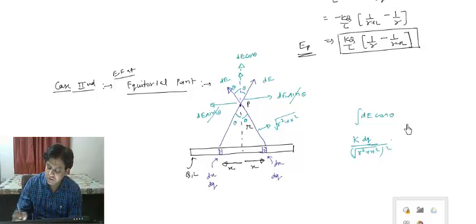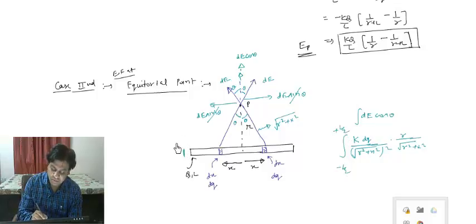In this triangle, cos theta will be the base, which is r, upon the hypotenuse, which is under root of r square plus x square, and the limit will go from minus L by 2 to plus L by 2. This is minus L by 2, and for this point to be covered, the limit is plus L by 2.